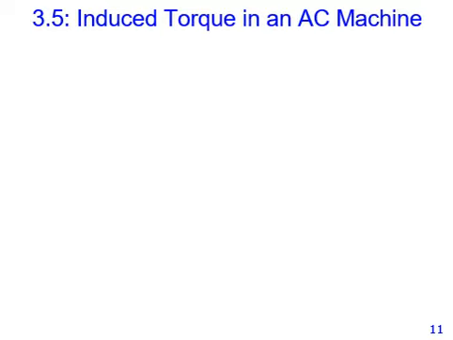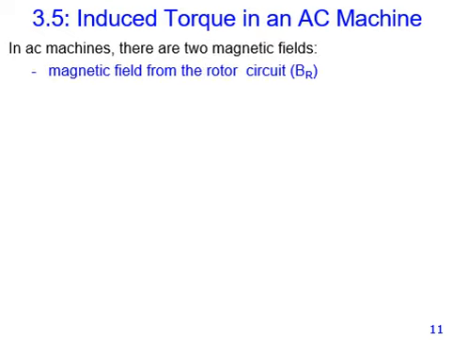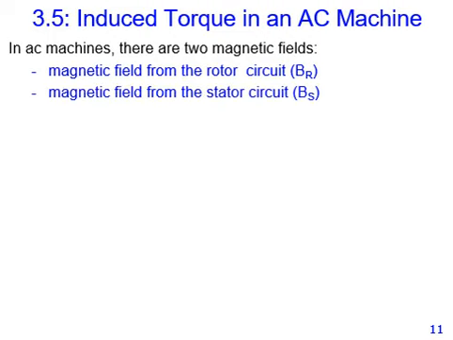One is the magnetic field from the rotor circuit, which is represented by Br, and another is the magnetic field from the stator circuit, represented with Bs.